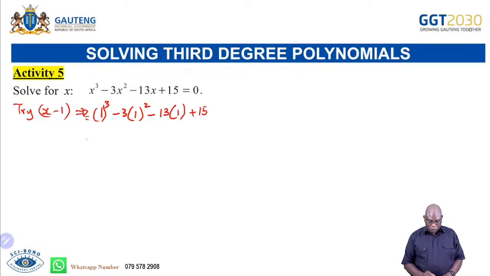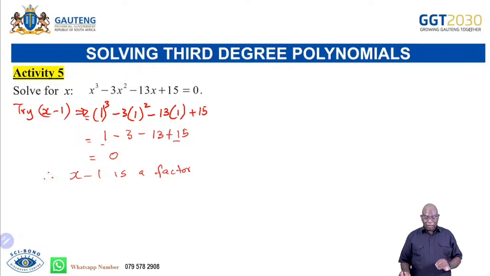If I get a 0, then I'm fine. I've got 1 minus 3 minus 13 plus 15. Oh, I'm lucky. 15 plus 1 is 16. Minus 3 minus 13 is negative 16, and then I get a 0. Therefore, x minus 1 is a factor. Well, I was very lucky with this one. If it doesn't give you 0, then I'm going to try another one.